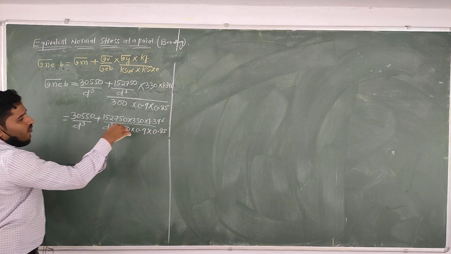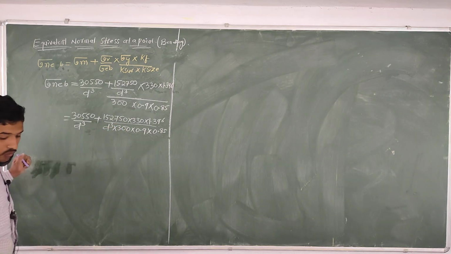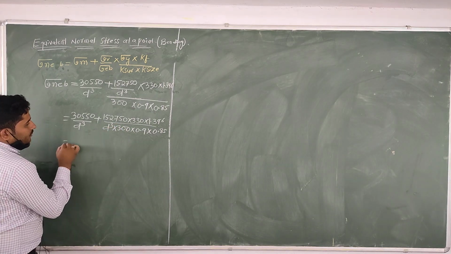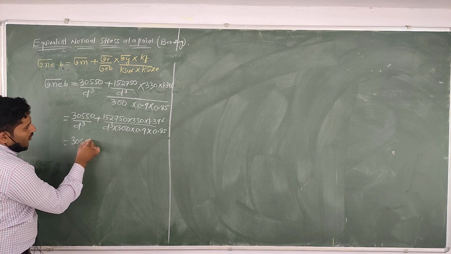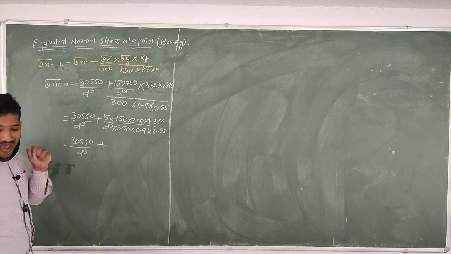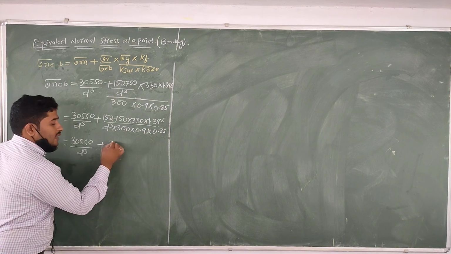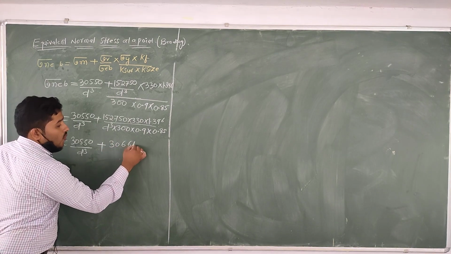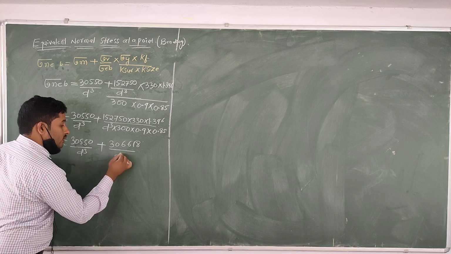If you divide this term, then you will get the answer 30550 by D cube plus, if you divide this value, then you will get the answer 306618 by D cube.